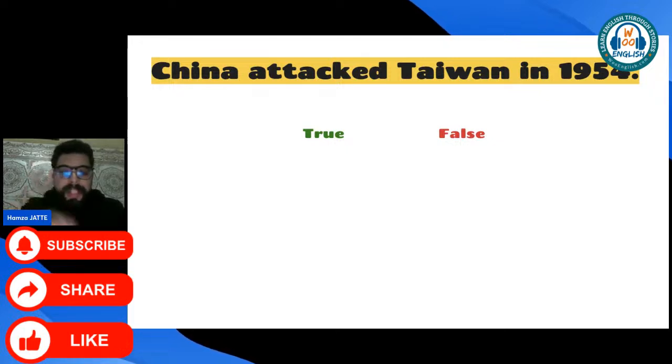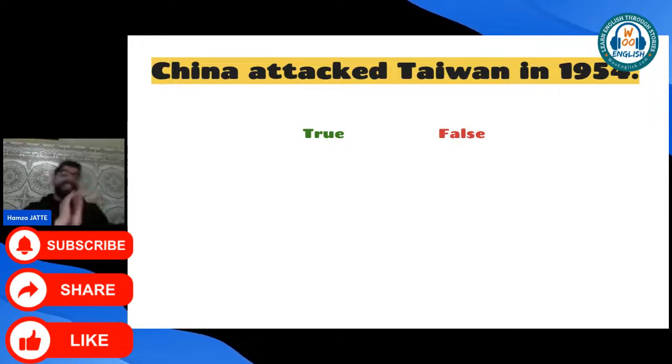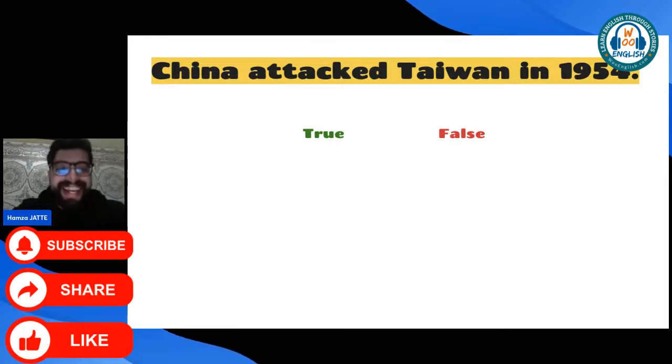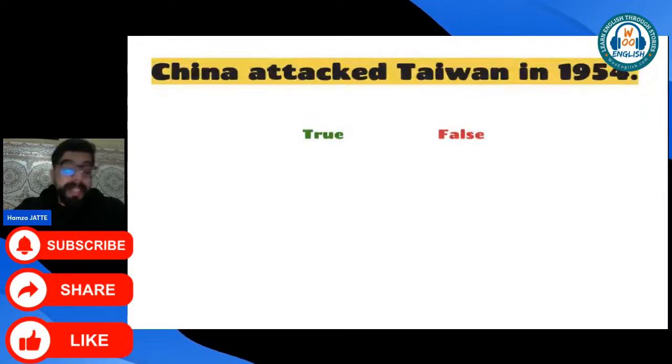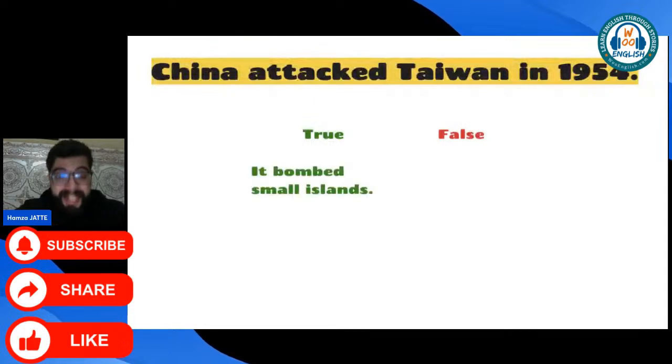Number two, do you think this is correct or false? You can simply write for me F or T. F for false, T for true. Shall I reveal it? True. It bombed the small islands.